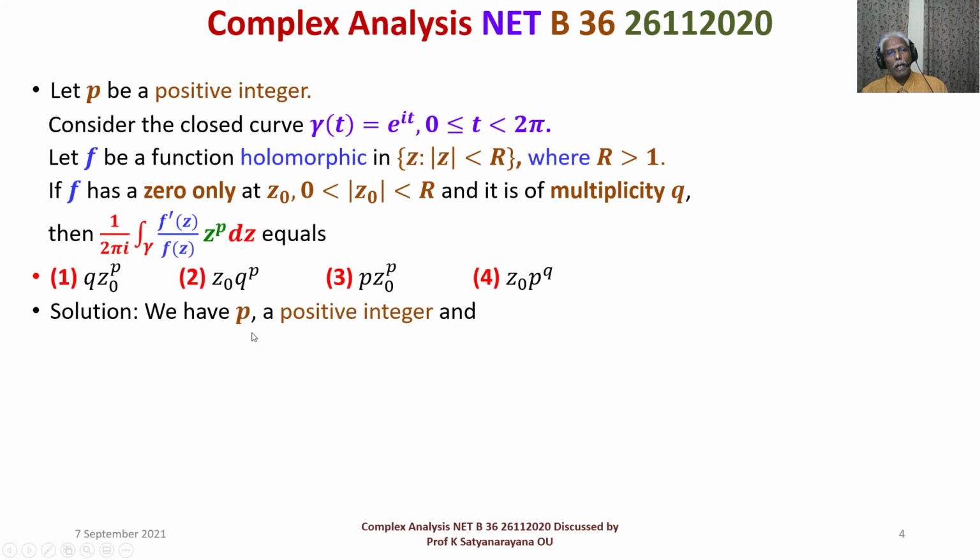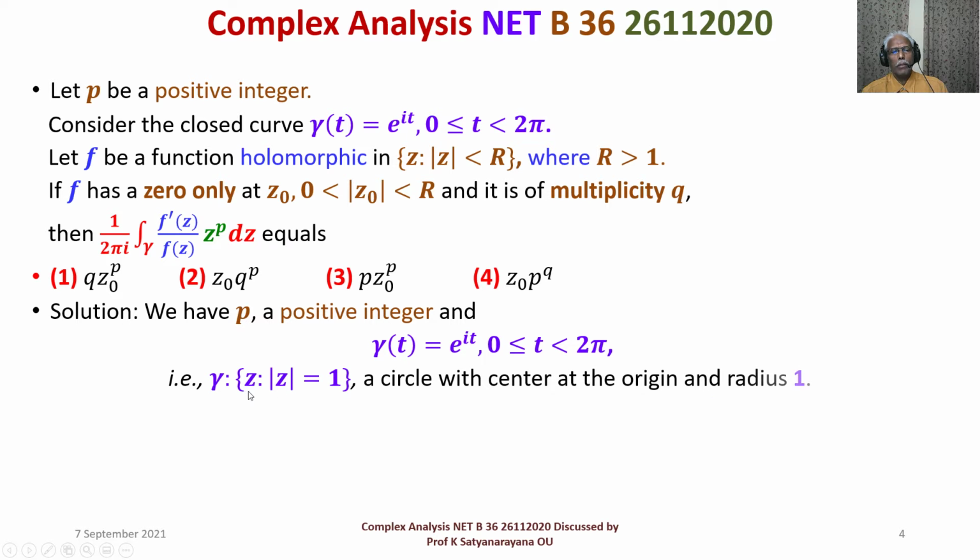Solution. We have p a positive integer and gamma(t) = e^(it), 0 ≤ t < 2π. What is it? Gamma is the set of all those complex numbers z with |z| = 1, since the modulus of e^(it) is 1.